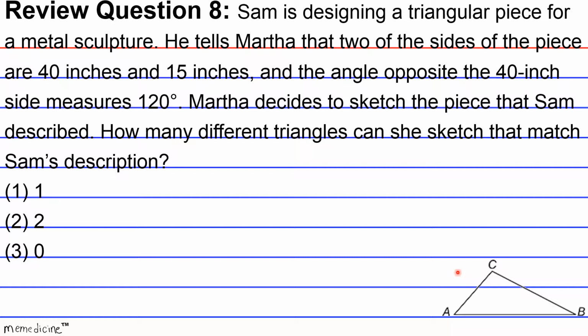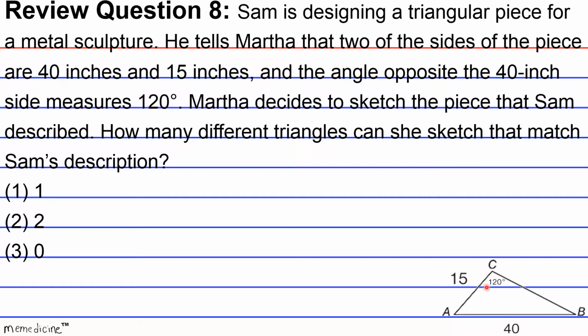And what I want you to realize is that this is a classic case of the ambiguous case. If two sides are mentioned, so we have the 40-inch side as well as the 15-inch side, okay? And one non-included angle, the 120 degrees opposing the 40-inch side.